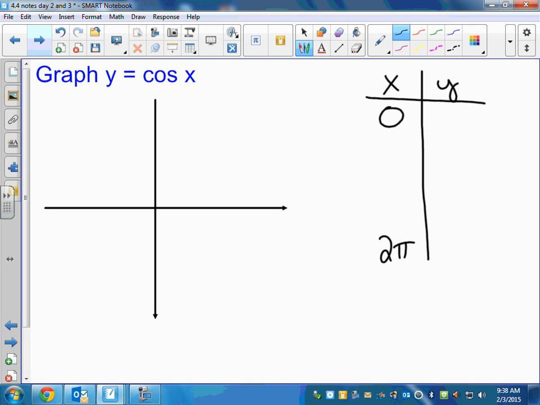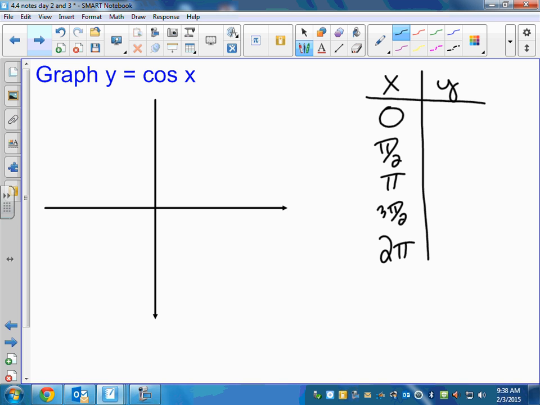What's halfway between 0 and 2 pi? What's halfway between 0 and pi? Half pi, right? And halfway between pi and 2 pi is 3 pi halves.